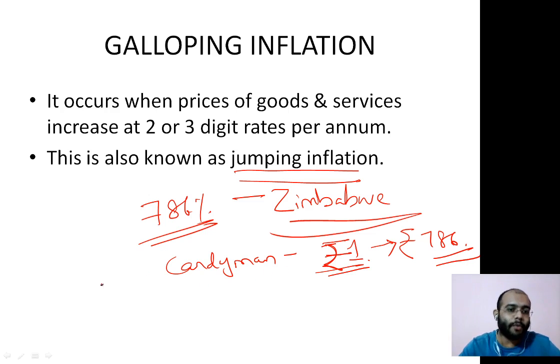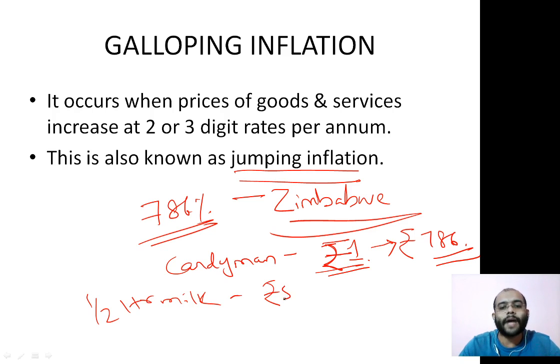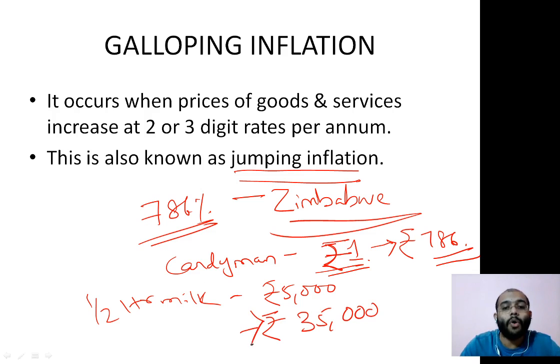Taking the previous example of hyperinflation into account, half liter milk packet that will cost you 5,000 rupees one day, on the very next day, it will be costing you rupees more than 35,000, more than 786%.